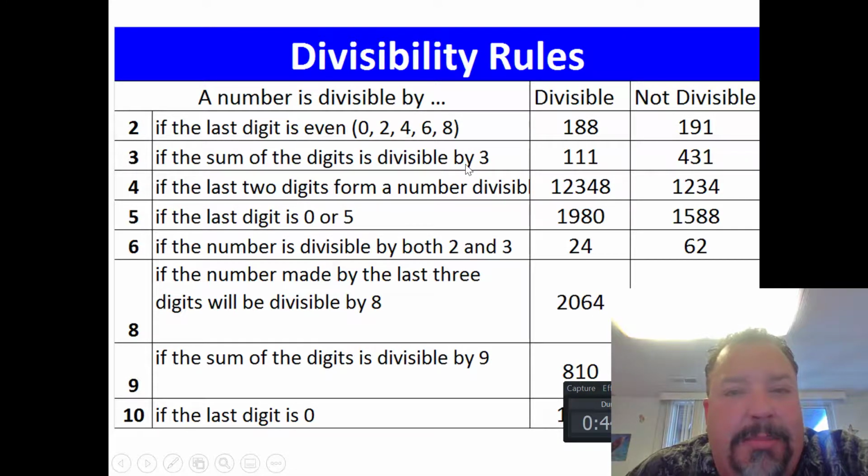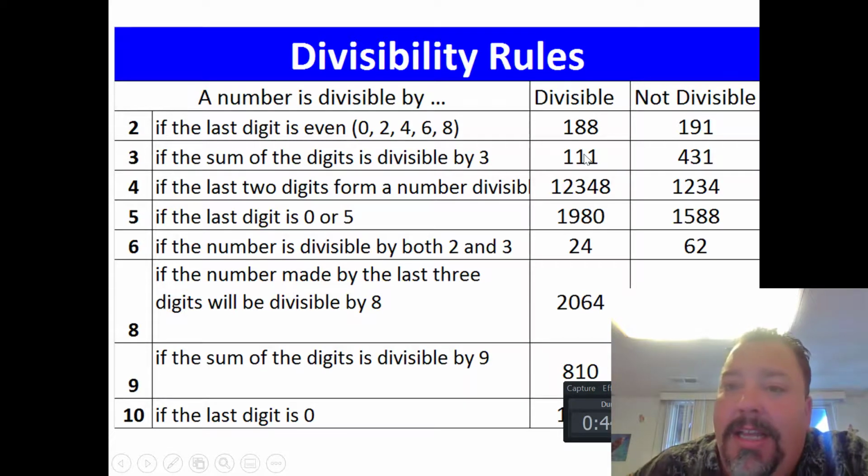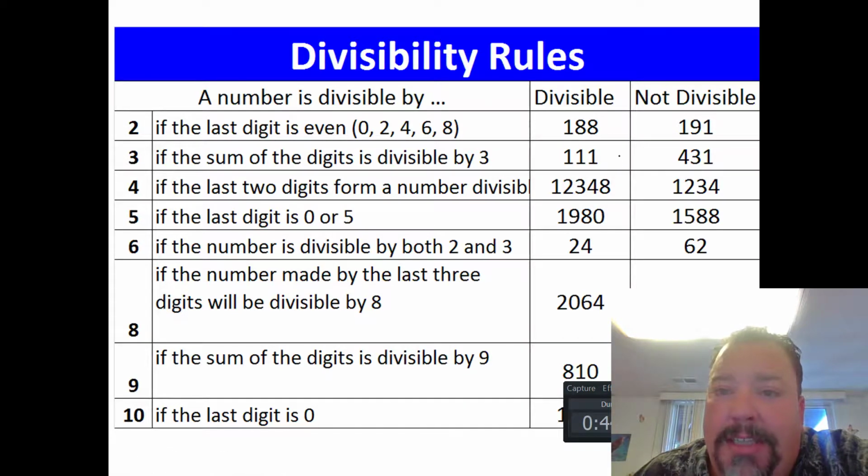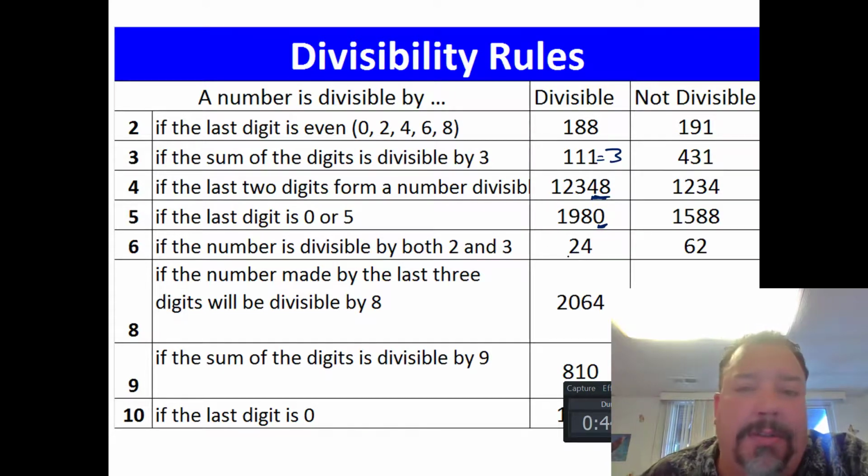A number is divisible by 3 if you add up all the digits, like 1 plus 1 plus 1, and you get 3. If we're looking at the last 2 digits, then you know it's divisible by 4. For 5, the last number is a 0 or 5. For 6, it has to follow the rules for 2 and 3. For 8, you look at the last 3 digits and see if it's divisible by 8.